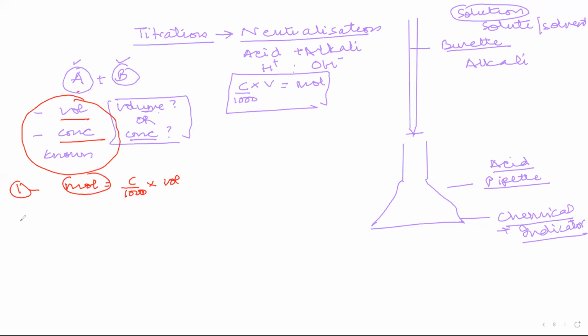This is step one. Then step two, let's suppose हमें volume find out करनी है, concentration is given to us of the substance B. Now after this, क्योंकि हमें molar ratio के basis पर पता करना है, we will be writing the equation, or the equation will be given along with the question. Okay, either the equation will be given in the question, or they have given us the molar ratio. Either they have given us the equation in the question, or they have given us the ratio, the molar ratio.